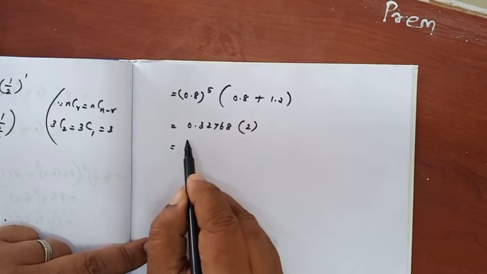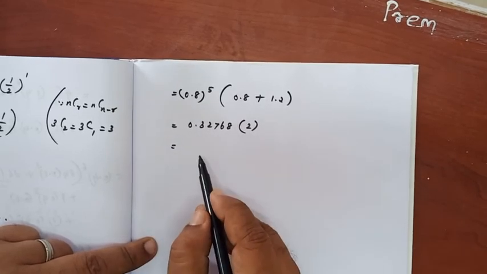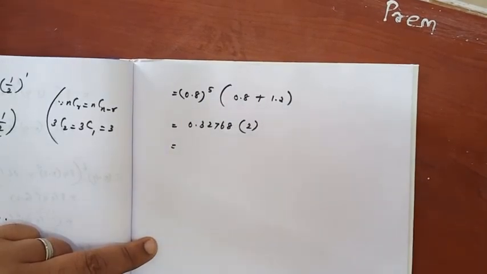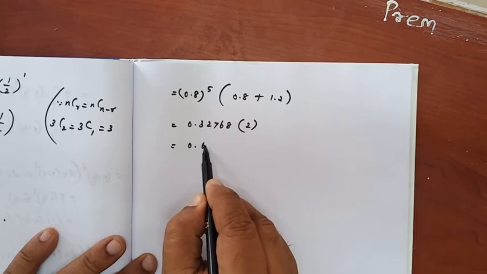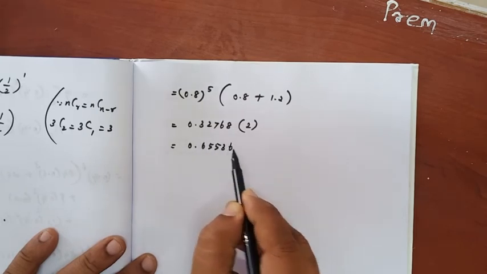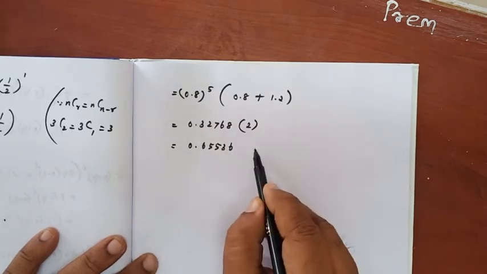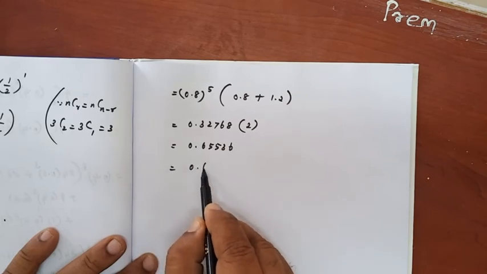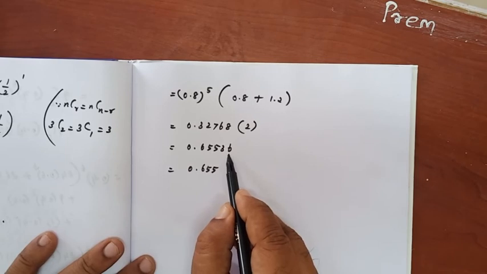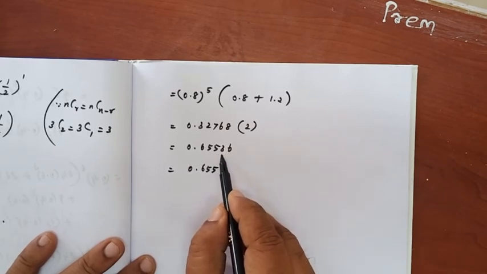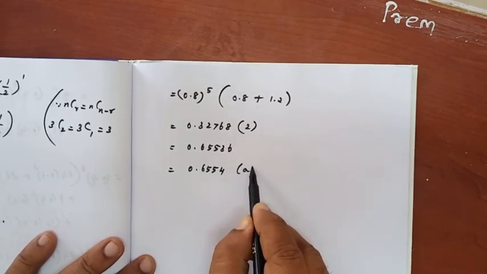Then you have to multiply. If you multiply, you will be getting 0.65536, or else you can write 0.655. Since it is 6, we can add 1 with the previous digit, 3 becomes 4 approximately.